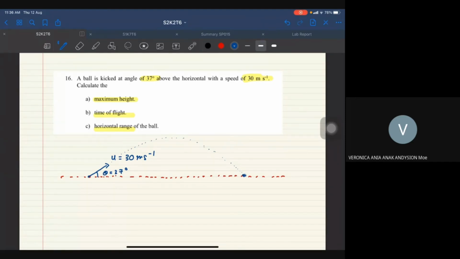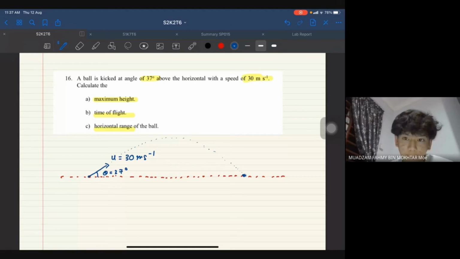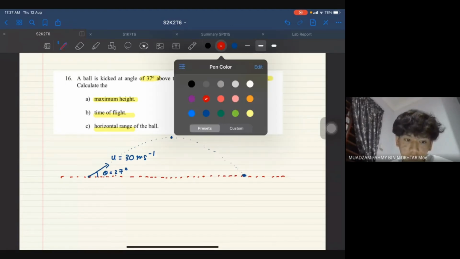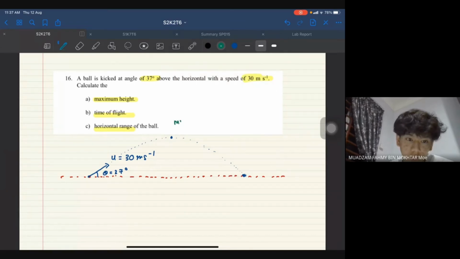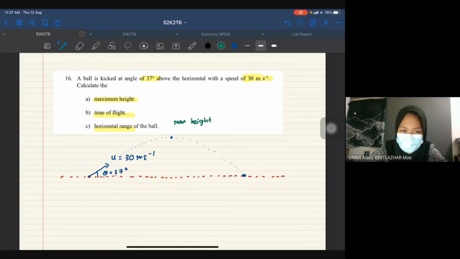Okay, now the first question they ask you to calculate maximum height. Dekat mana? Tengah. Tengah-tengah. Exactly over here, this one is your maximum height. So I'm going to write this one as your maximum height position. Okay. So apa kriteria dekat maximum height ni? Ingat tak? Vy kosong. Vy is 0. Apa yang zero? Vy. Okay, very good.